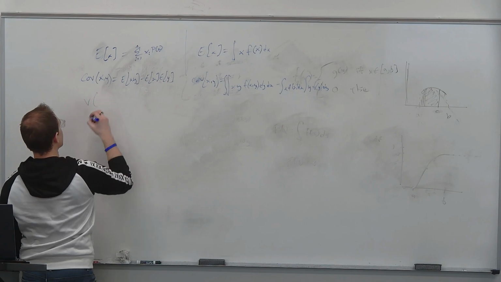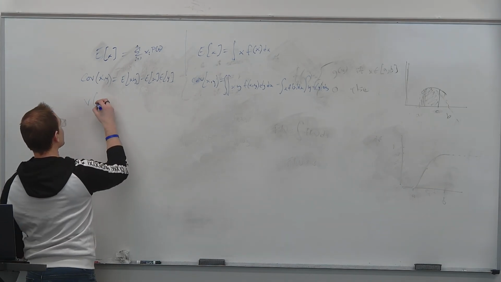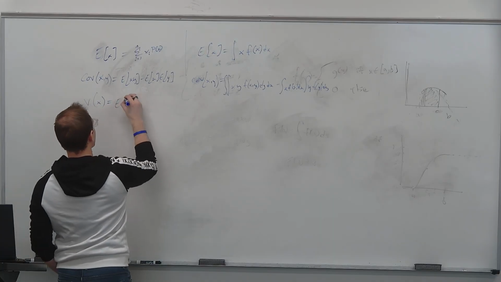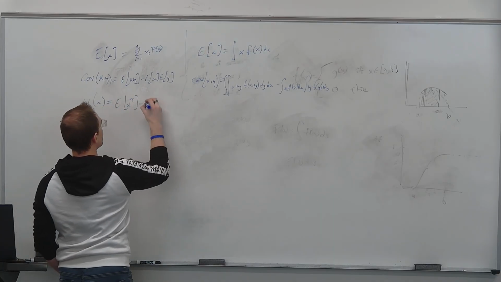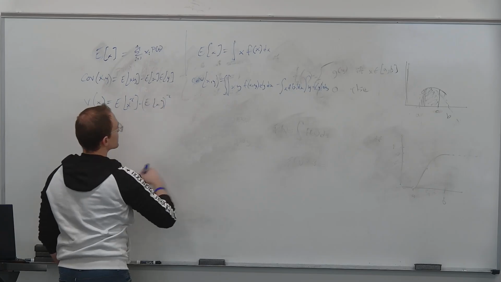And variance is a special case where you take the covariance of one variable. So the variance of x is the covariance of x and x, and that is going to be expected x times x minus expected x, like so.